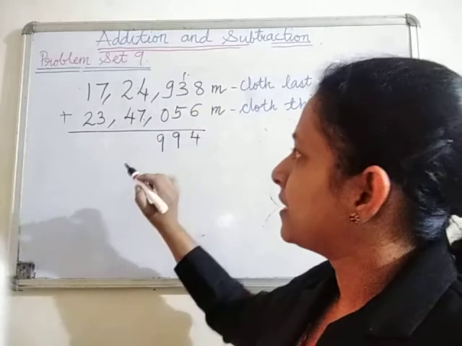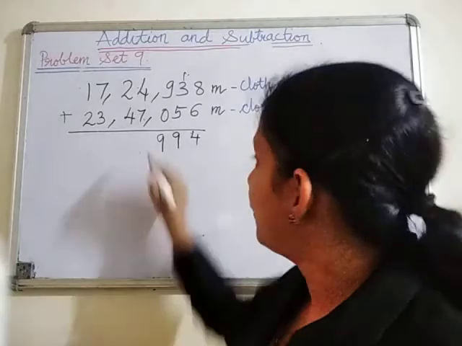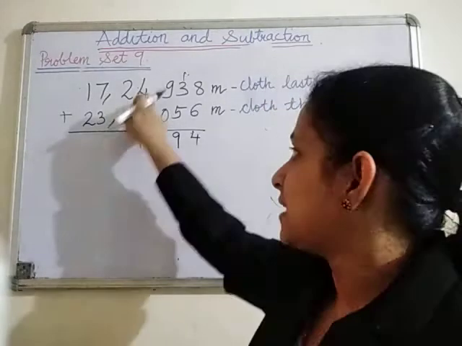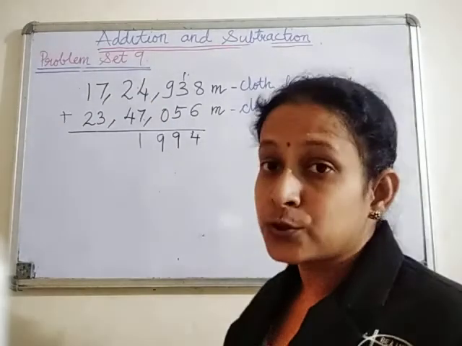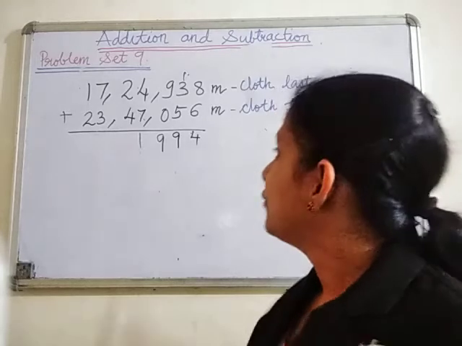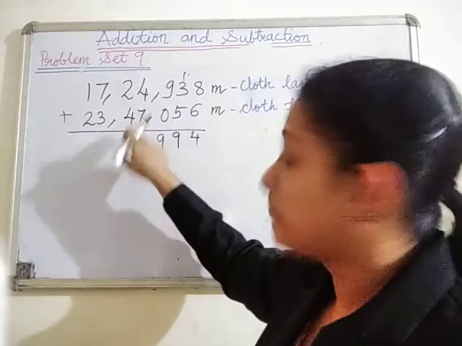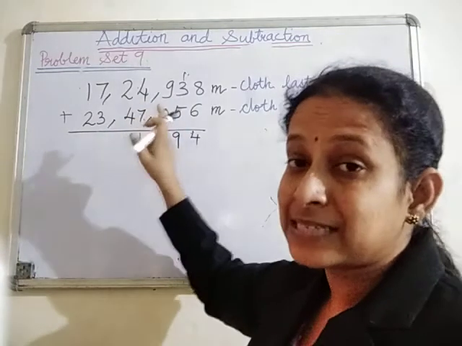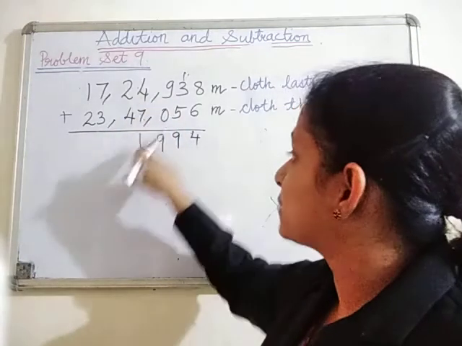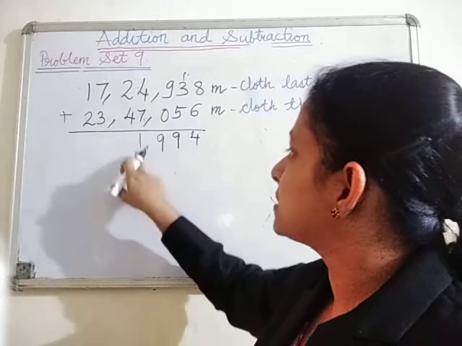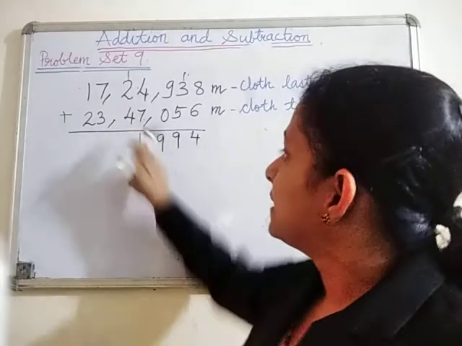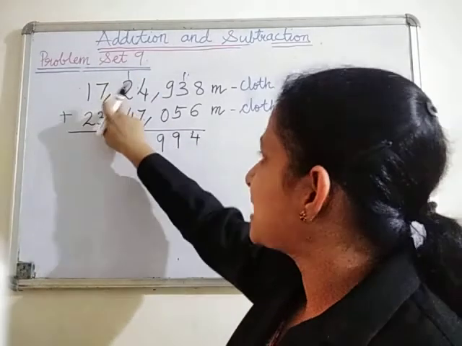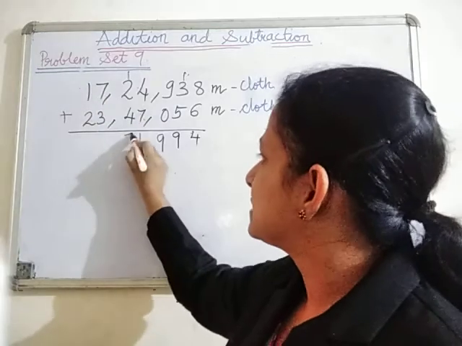4 plus 7 is 11. Okay, 3 less here. So 3 less, then 4 will be 1, so plus 10 will be 11. 7 plus 4 is equal to 11. Carry 1 here. Fine. Now 4 plus 2 becomes 6, plus 1 is 7.